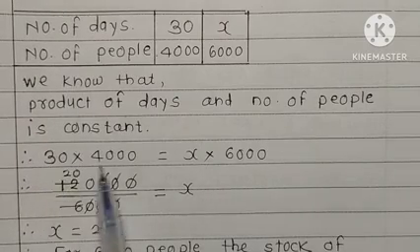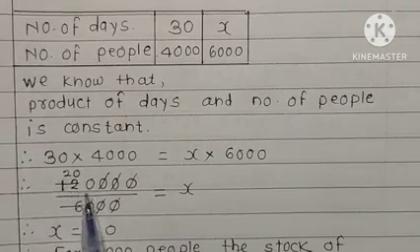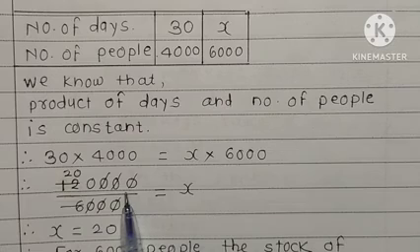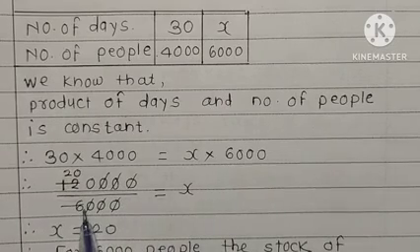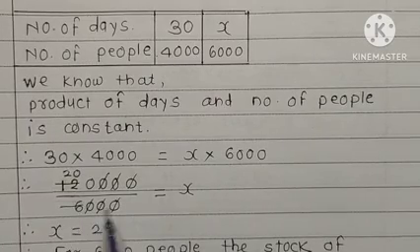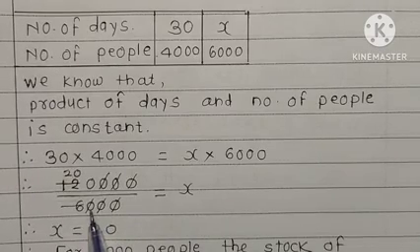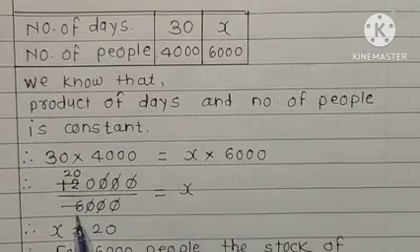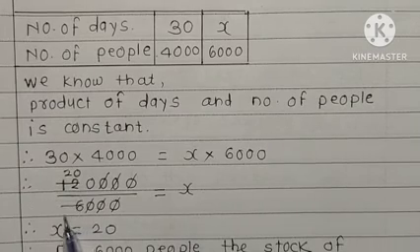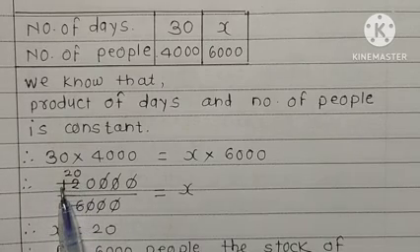We know that 30 into 4,000 product is 1,20,000, upon this 6,000. Now cancelling zeros in numerator and denominator, you will get 6 in the denominator and 120 in the numerator remaining.